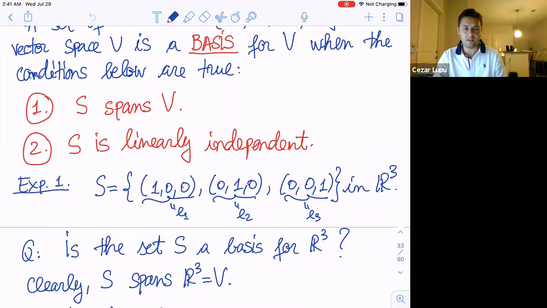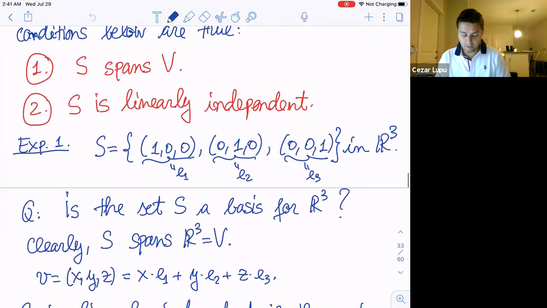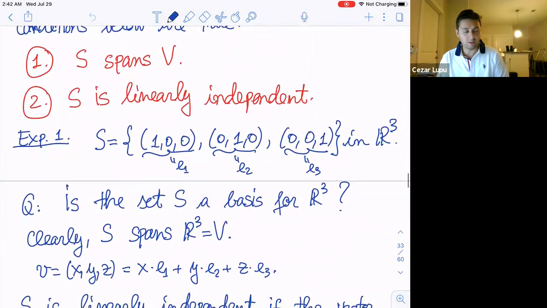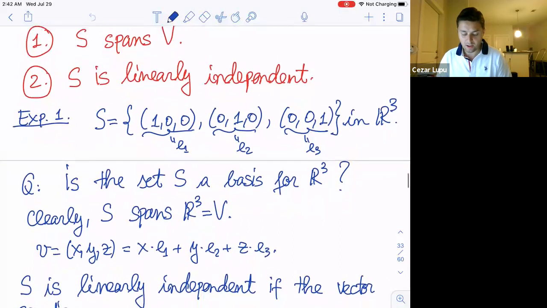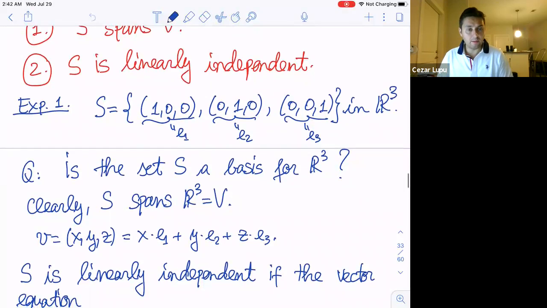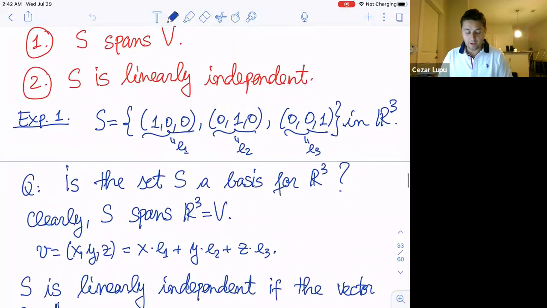It's obvious that any vector in R3 can be expressed as a linear combination of vectors in S. If we consider v to be a vector with coordinates x, y, and z, this can be written as x e1 plus y e2 plus z e3. So we have a linear combination of these vectors. Clearly, this will span the entire vector space.